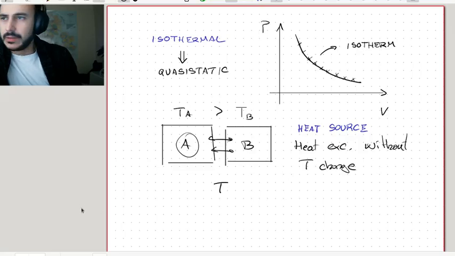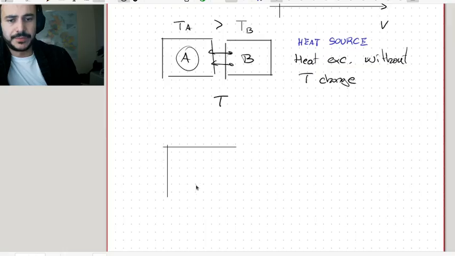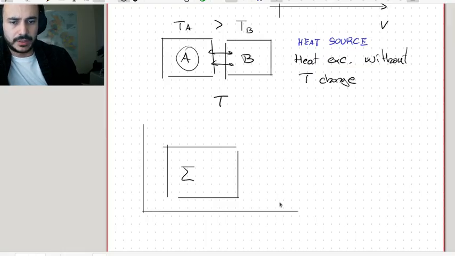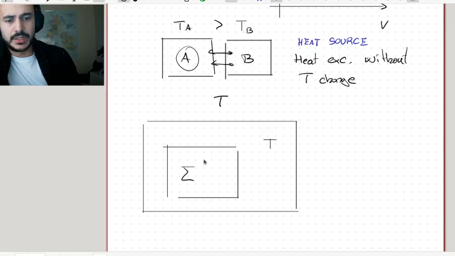Okay, so then we can redefine what an isothermal process is by saying that if you have a system with diathermal walls, which is in contact with a heat source or heat bath at some temperature T, and then you run some thermodynamic process in this system, some quasi-static process in this system.